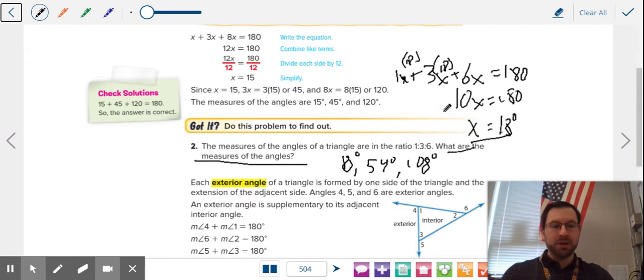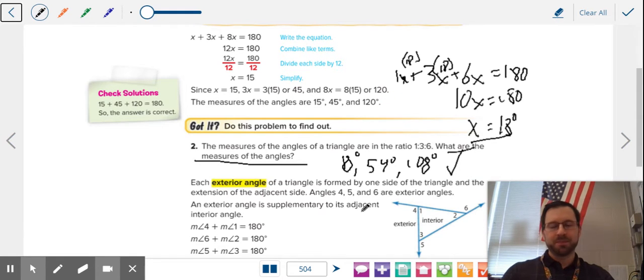Now, make sure everything's good. My second angle is triple my first, and my third angle is 6 times as much. Or we could look at it as double 3, but 6 times 18 is also 108. Add them up. 18 plus 54 is 72, plus 108 is 180.